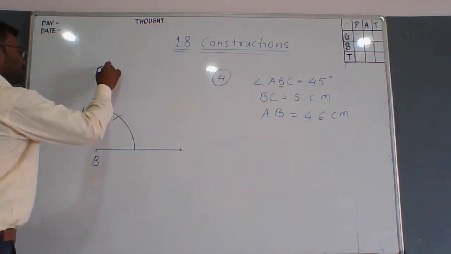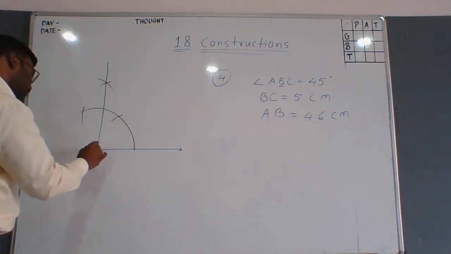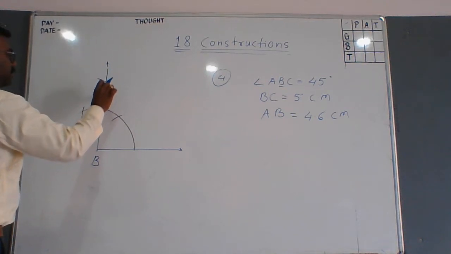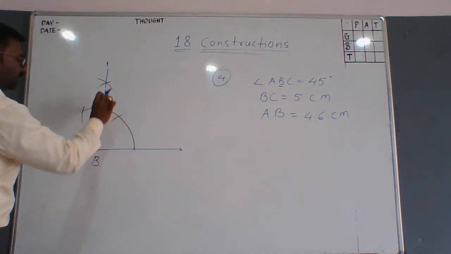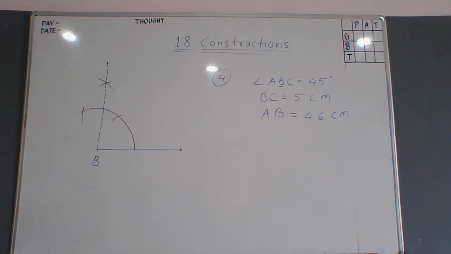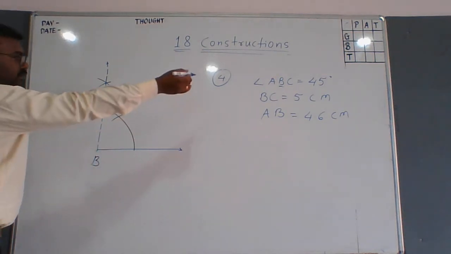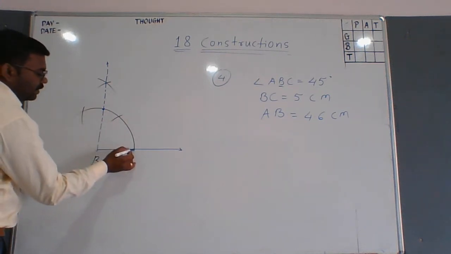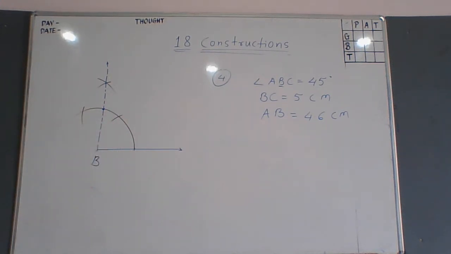Join this. Actually, it is not a part of our construction, so we can draw it as a dotted line because we don't need this 90 degree, since we want ABC as 45. So the bisector of 90 degree will give us 45.